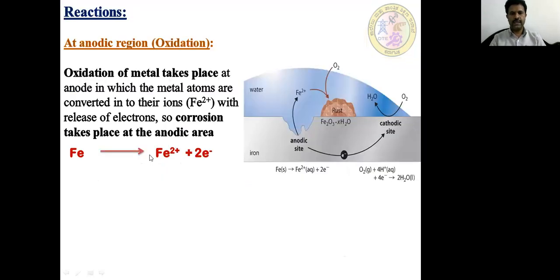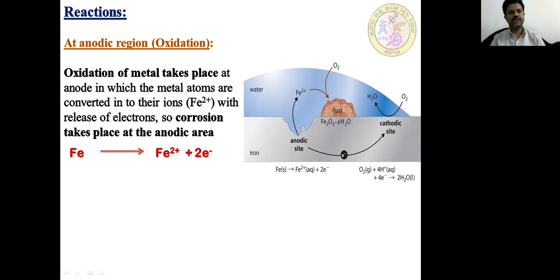So you can see the reactions at the anodic region. That means the region which is exposed to less oxygen concentration is the anodic region. At the anode, the metal atoms are converted into their ions with release of electrons.